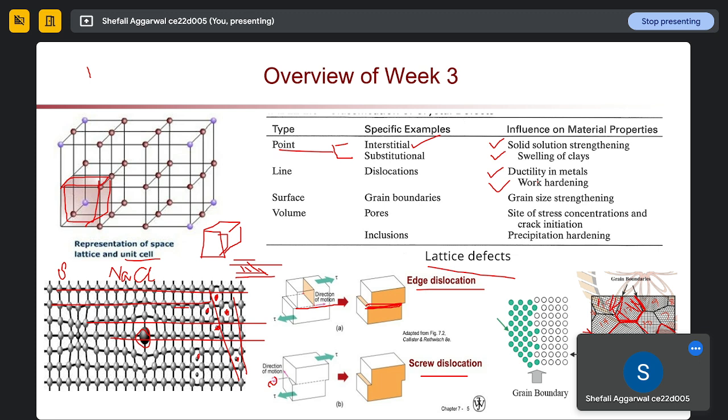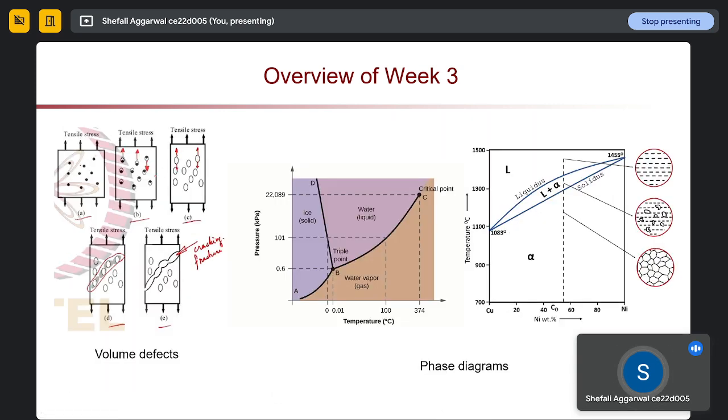The last thing is volume defect. A volume defect means there is a defect in the complete volume of our material. If there are different voids in our material, like in this example, and those voids are filled with foreign material, they are called volume defects.